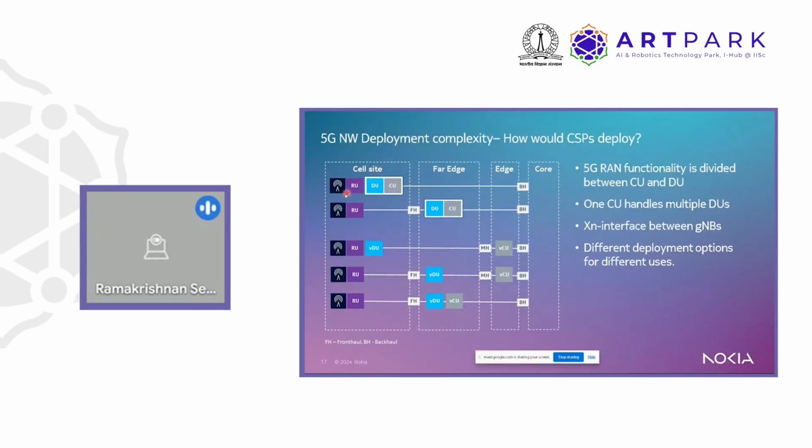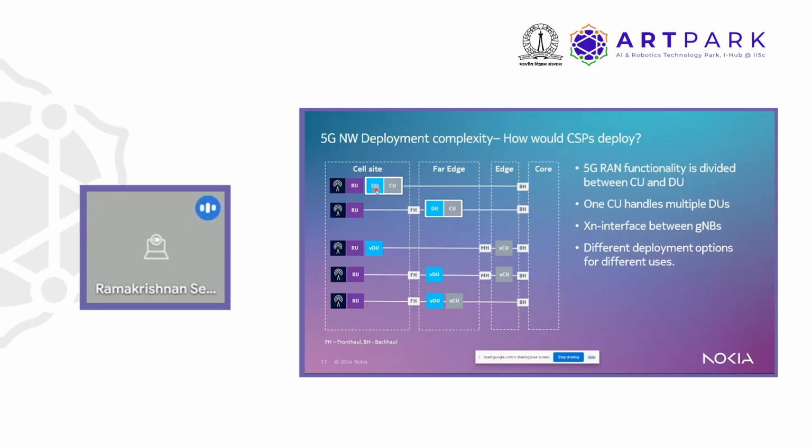On the left, you have certain variants of the way the network could be cut. So the first two, if you look, there is no virtualization here. It is primarily DU and CU, centralized and distributed unit. But these could be a software entity that could co-locate at the cell site along with RU, which is the classical deployment.